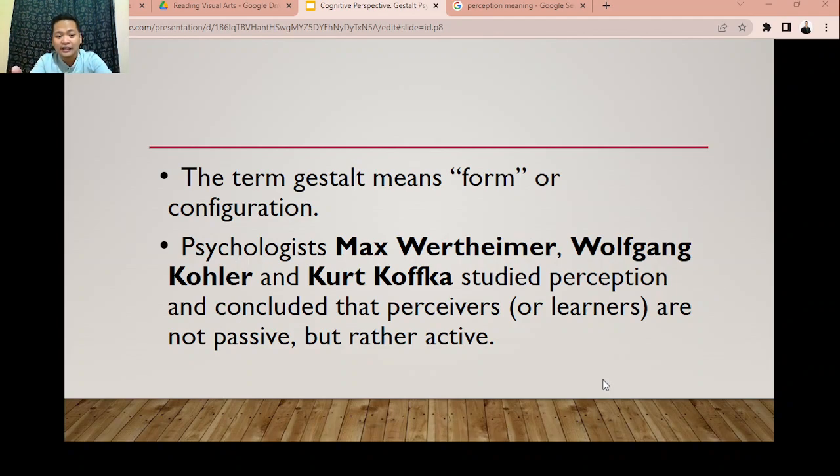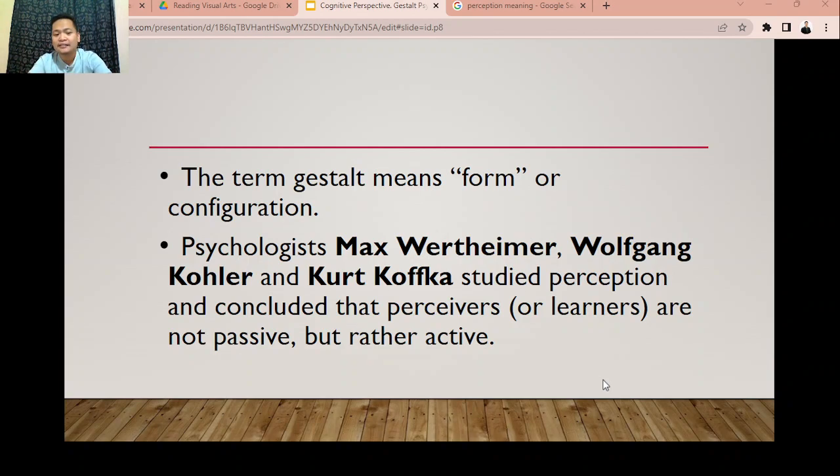I'd like you to take note of the proponents of Gestalt psychology: psychologists Max Wertheimer, Wolfgang Kohler, and Kurt Koffka. They studied perception and concluded that perceivers or learners are not passive, but rather active. Now let's define perception.